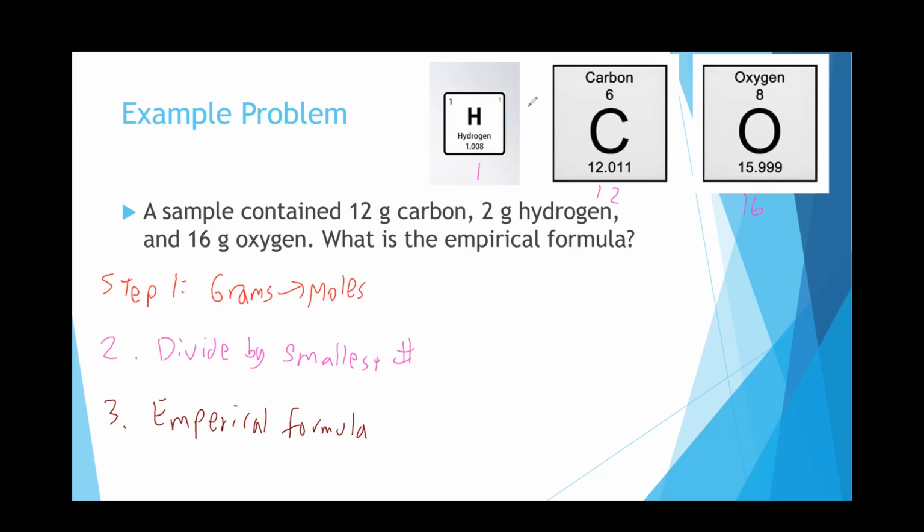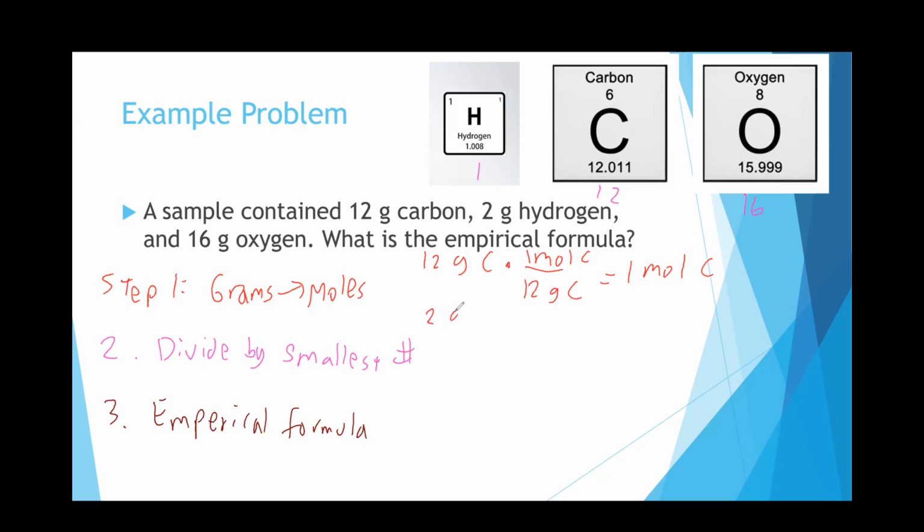Okay, so our first step is grams to moles, so 12 grams carbon. We look at the molar mass, 12 grams, 1 mole. So that's just 1 mole carbon, which is fairly simple.